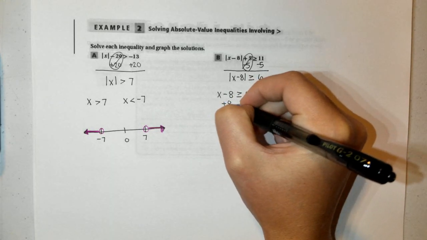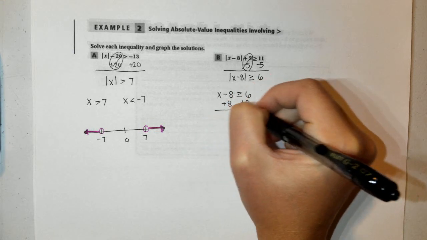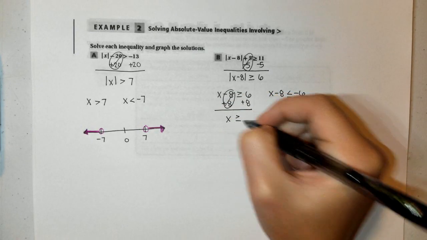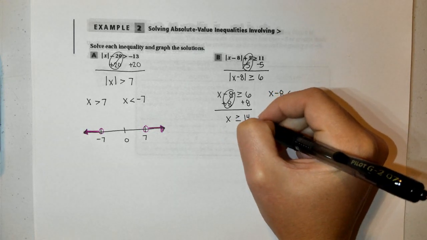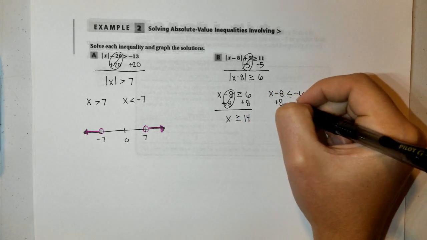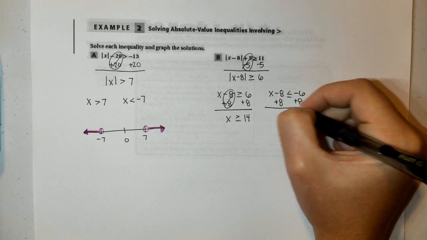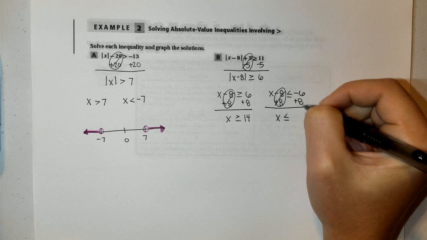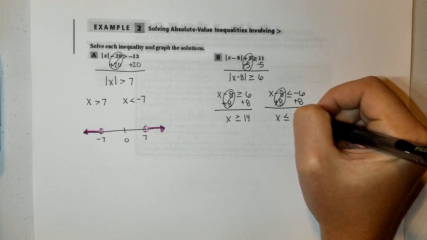I'm going to add 8 to both sides. Minus 8 plus 8 gives me 0, so I'm left with x greater than or equal to 6 plus 8 is 14. Second inequality, I'm going to add 8 to both sides. Minus 8 plus 8 gives me 0, so I'm left with x less than or equal to negative 6 plus 8 is a positive 2.